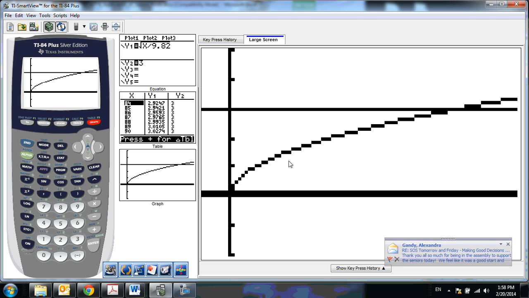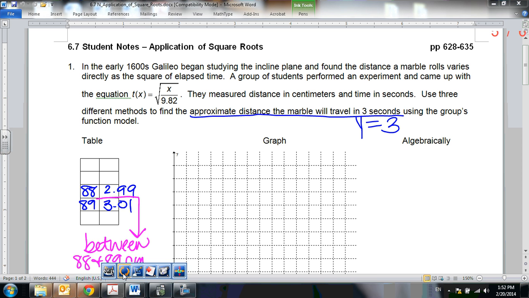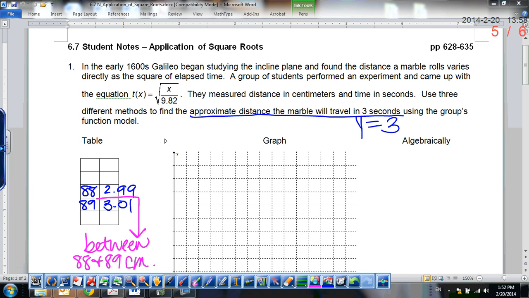You do not need to stress about units or anything like that. Just sketch a picture on your paper. Make sure you please label your axes. Our vertical axis is for time, and that's in seconds. And our horizontal axis is for distance, and that's in centimeters.